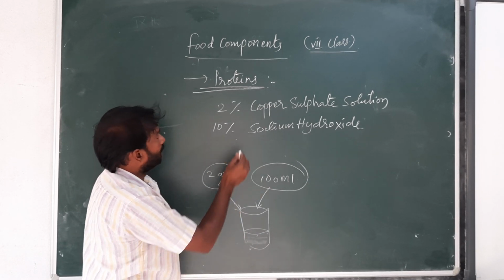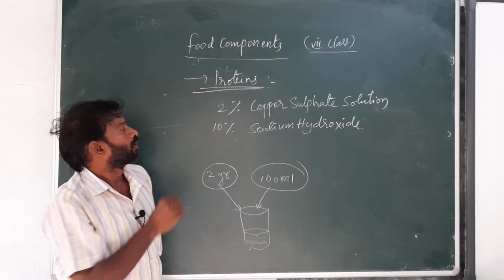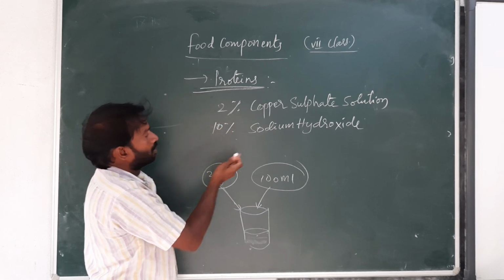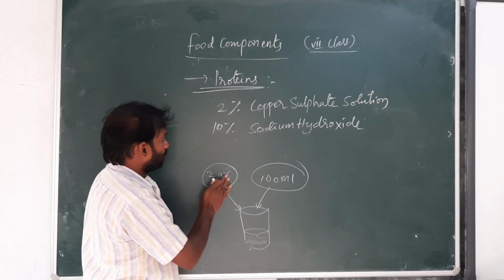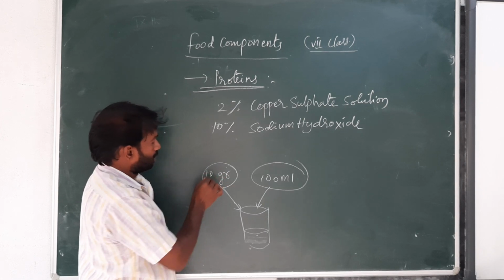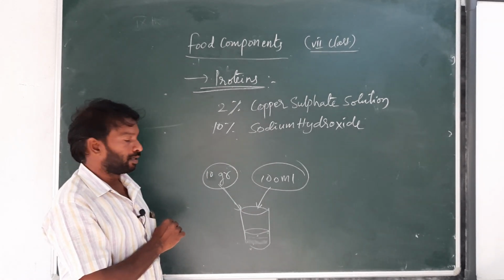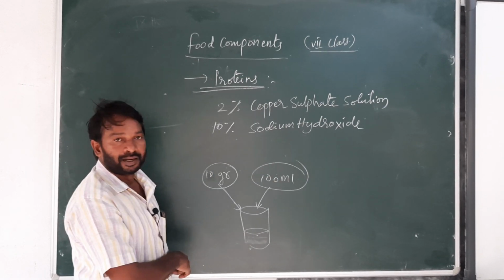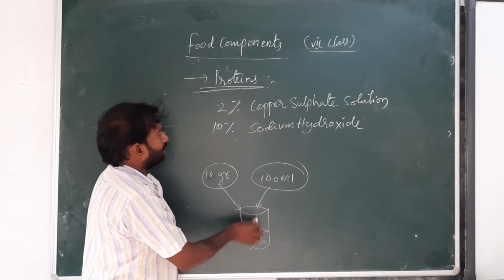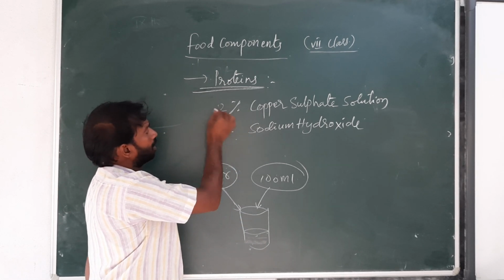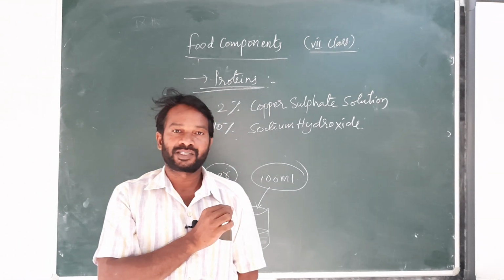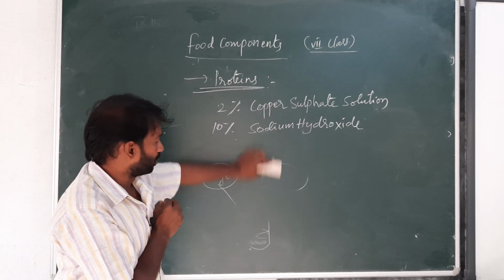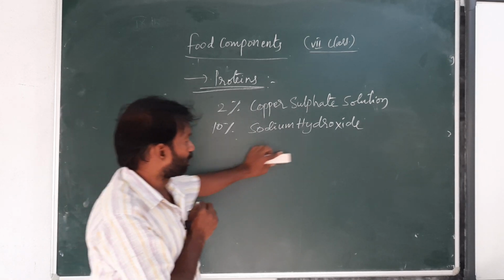Now it is said to be 2% copper sulfate solution. Next, for 10% sodium hydroxide solution, dissolve 10 grams of sodium hydroxide crystals in 100 ml of water. Like this we can prepare 10% sodium hydroxide solution. Now the two solutions are ready for conducting the experiment.